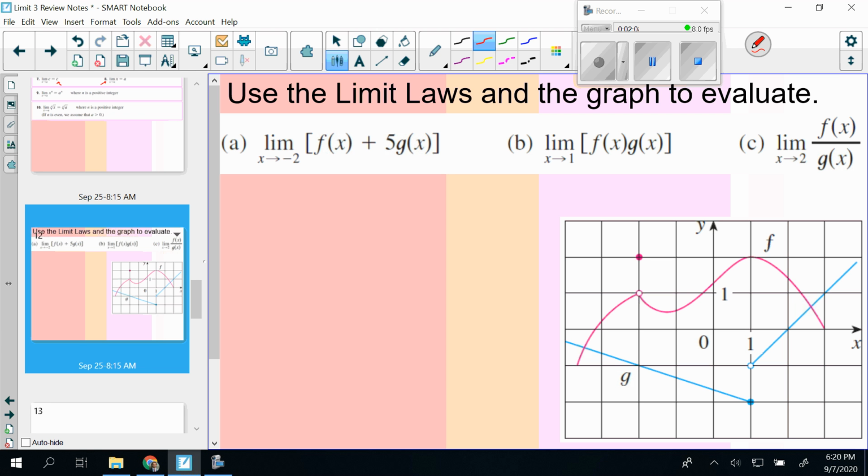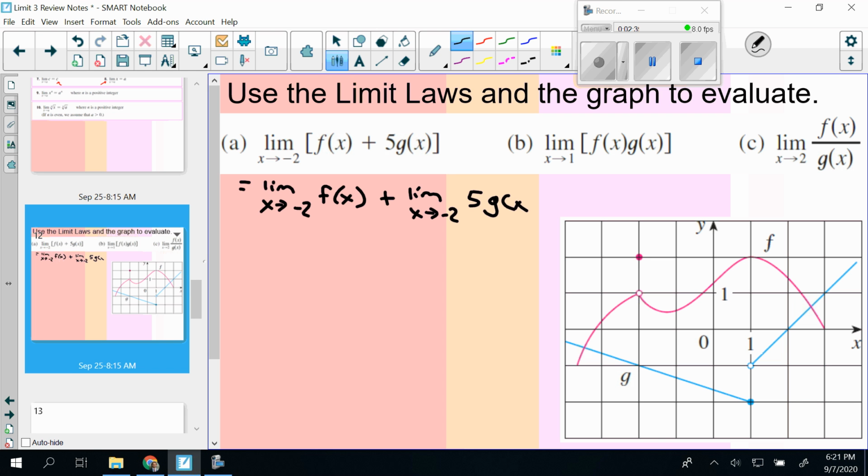Let's look at one example here. Find the limit of these with a graph. We don't actually know what these functions f and g are, but we can still figure these out by using the graph to find the function value. So in a, we can change this into two limits, because we know if we're adding, it would be the same as this limit plus this limit approaching the same thing.